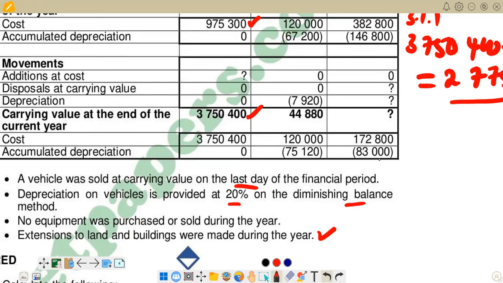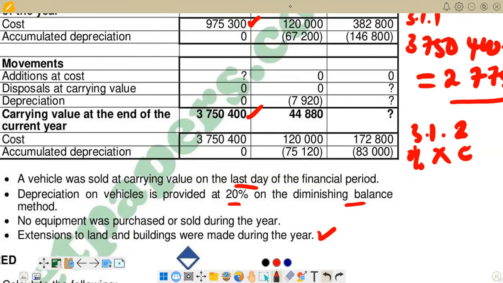So this is now 3.1.2. So basically, diminishing balance method, we use that calculation, that percentage we calculate by the carrying value. So we are going to say percentage times the carrying value.